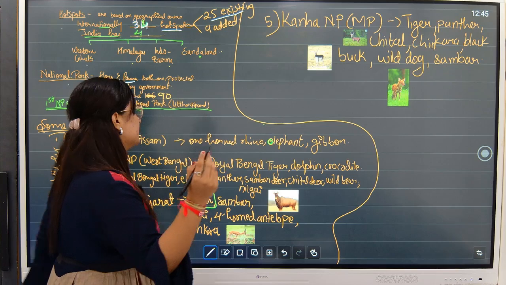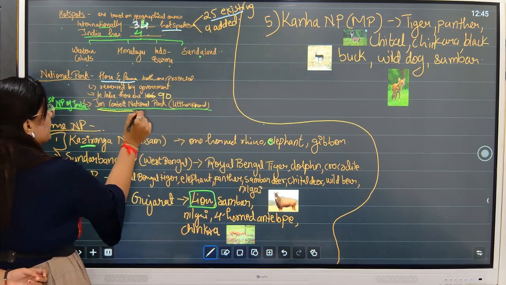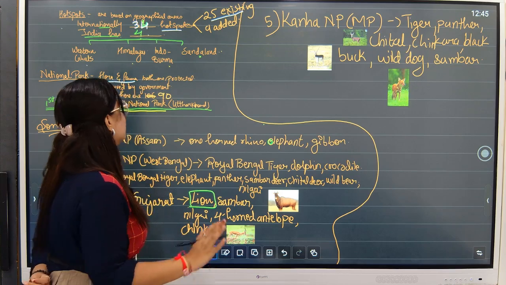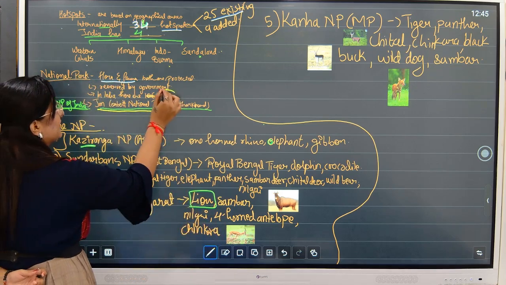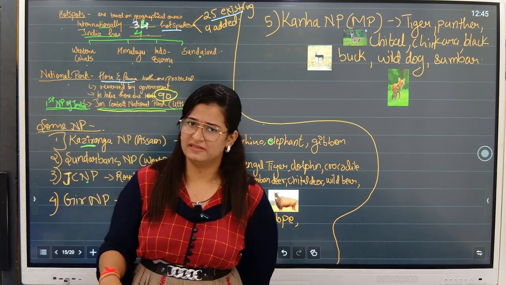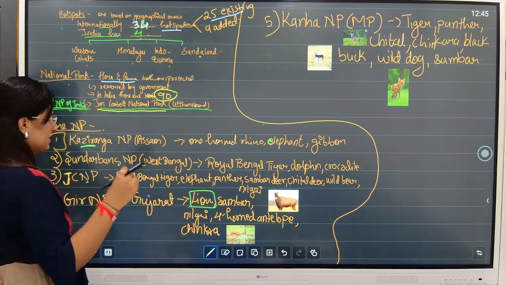The first national park was Jim Corbett National Park, in Uttarakhand. In India we have 90 national parks as mentioned in NCERT, but normally we have a total of 106.